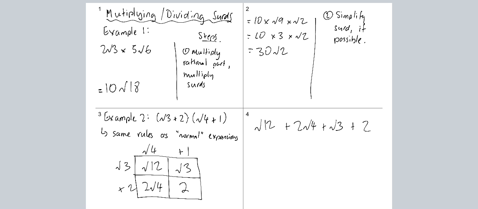To remind you what we did on Tuesday, we can't add square roots together that are different under the root sign. But we should always try to simplify each of our surds to see if we get somewhere. In this instance, we do. Root 12 is root 4 times root 3.